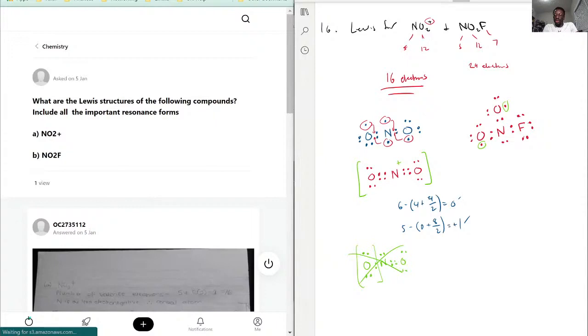So we have to figure out a way to take care of this. Nitrogen is already full, so that one wouldn't work. But what we could do is split this and give an electron to the oxygen.